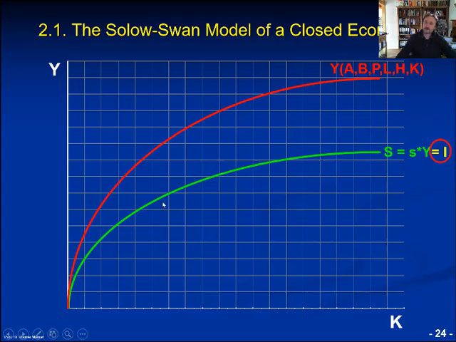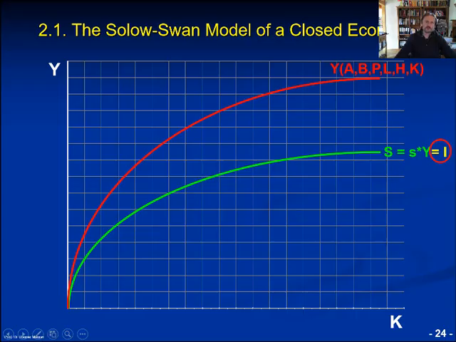So the green curve is not only the savings supply curve, but also the curve that measures total investment, gross investment in this economy. Okay, that's an important point. So the green line is the savings as well as the investment curve.